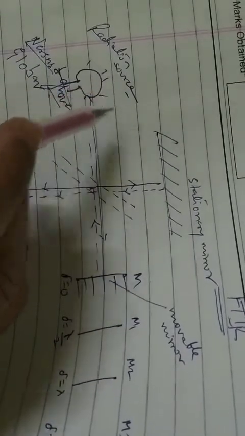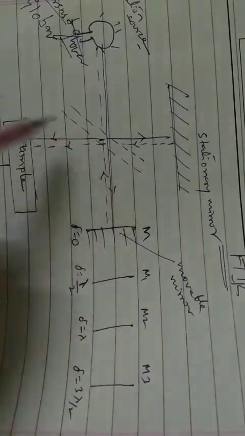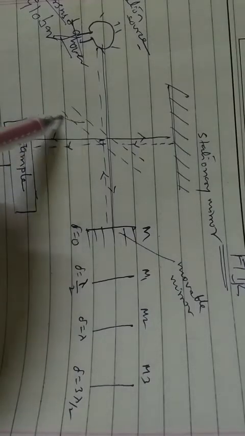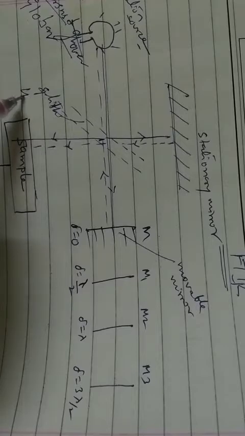This source emits a long range of IR radiation, and this IR radiation is passed through the beam splitter, which is placed at around 45 degrees.